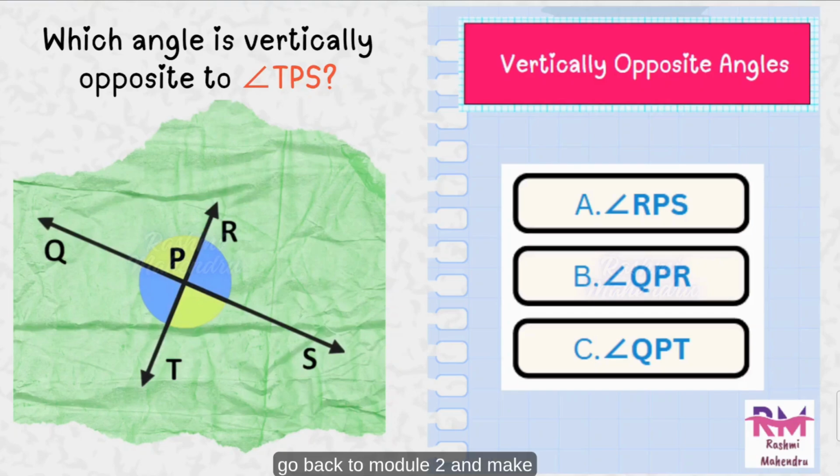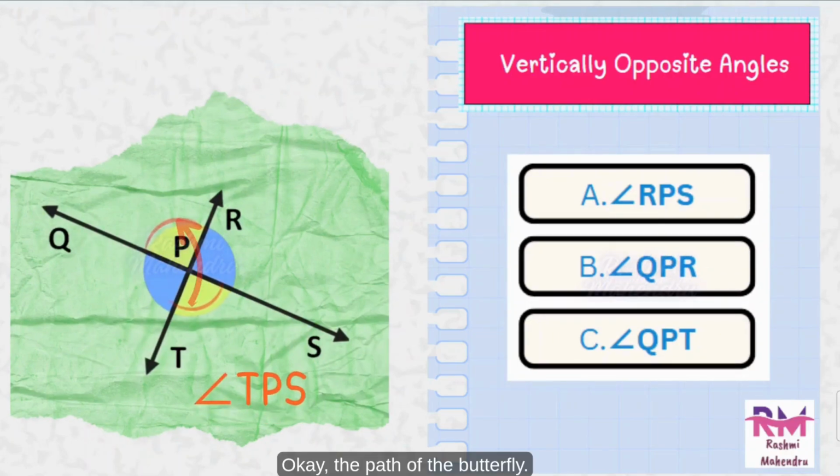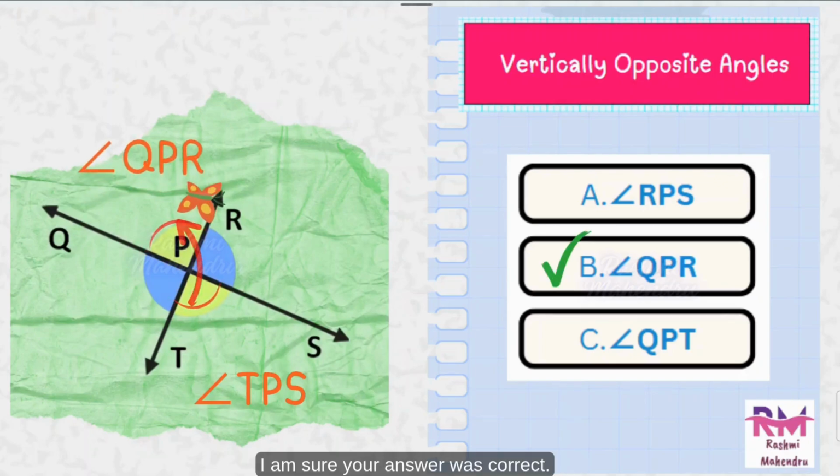If you are not, go back to module 2 and make sure your naming is in order. Okay, so let's explore. Angle TPA is sitting vertically opposite to angle... Observe the path of the butterfly and you will realize that TPS is placed vertically opposite to angle QPR. I am sure your answer was correct.